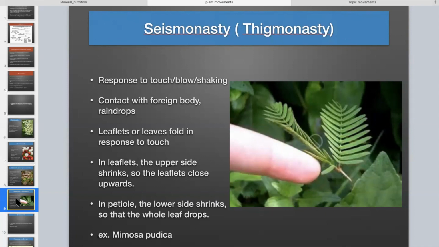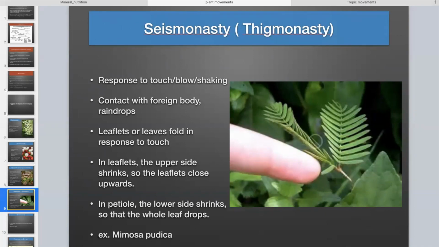When they come in contact with a foreign body, immediately the leaves close. Even it is seen with raindrops also. When a raindrop comes in contact with the leaves, they will close. This is called the seismonastic movement.